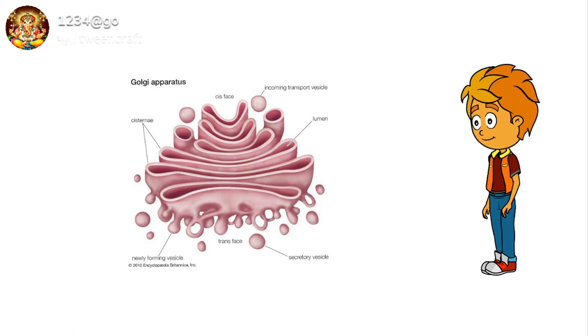Second, it also sorts, modifies, processes, and packages the proteins that are prepared and secreted by the rough endoplasmic reticulum and delivers them to required destinations. These secretions are packaged in vesicles. It also builds lysosomes, cell digestion organelles.